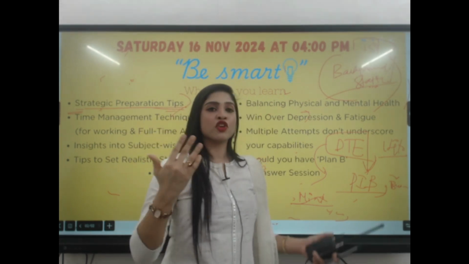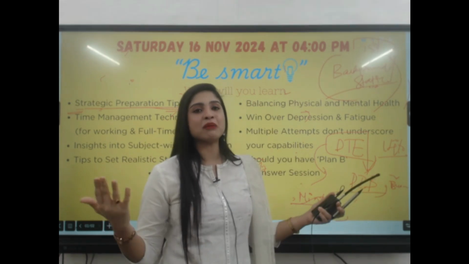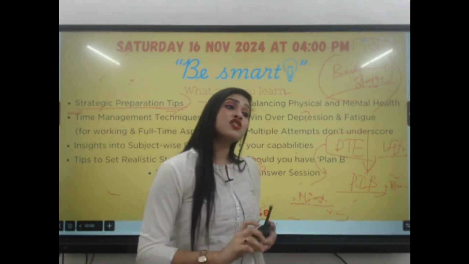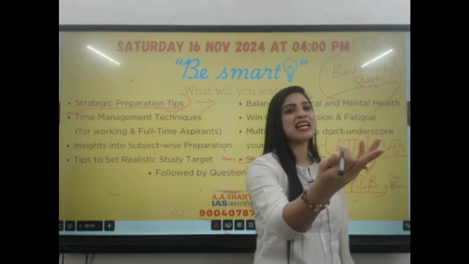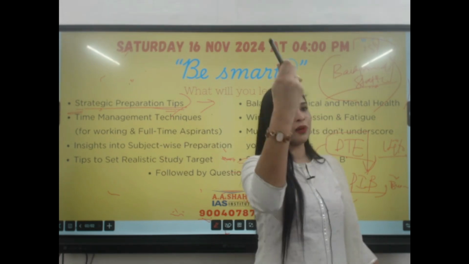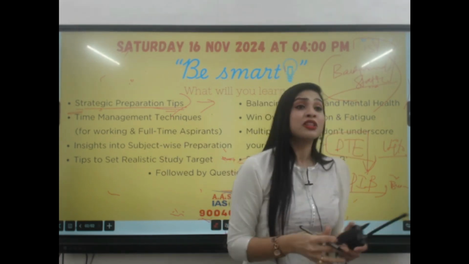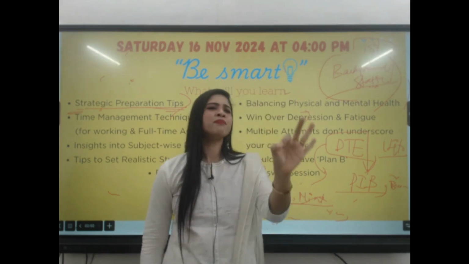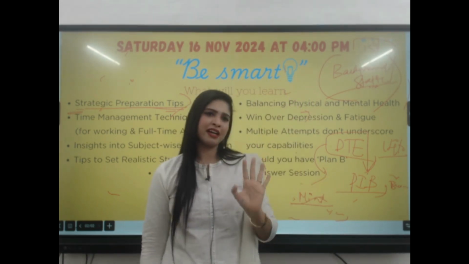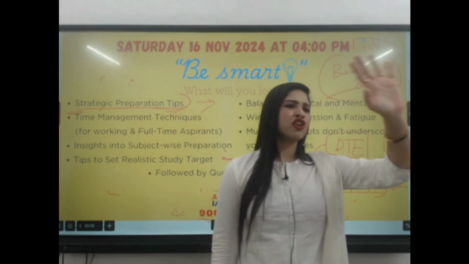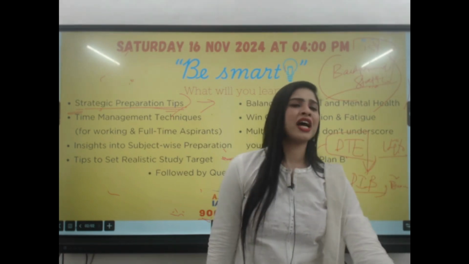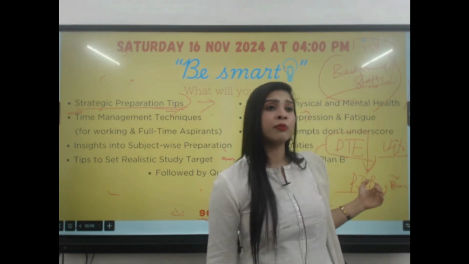Automatically, your current affairs preparation becomes simplified. This is also useful for mains answer writing. So 2 in 1. At one stroke, you got both things. You understand? This is the most simplified way of preparing current affairs. You attend a lecture of any institute, you attend Shah Academy DNA classes, no doubt about it.